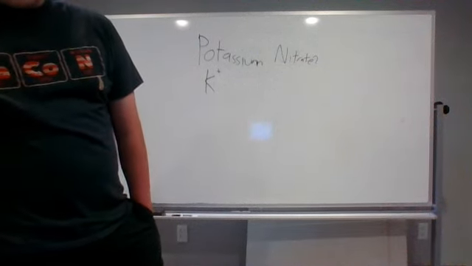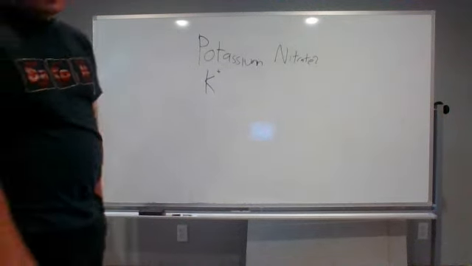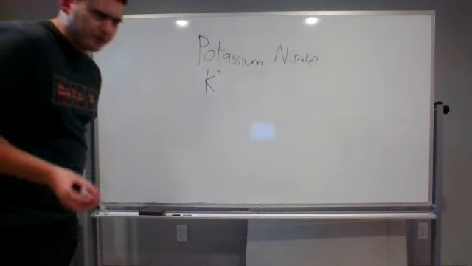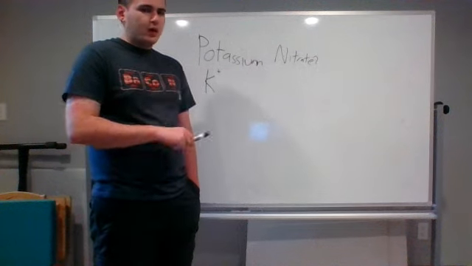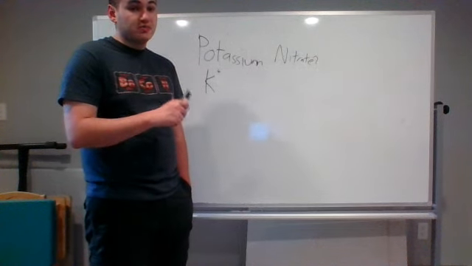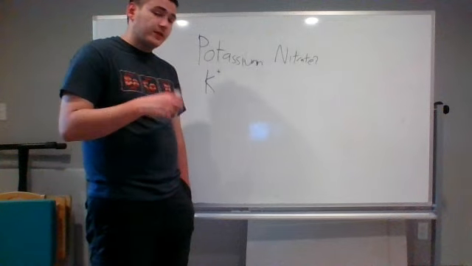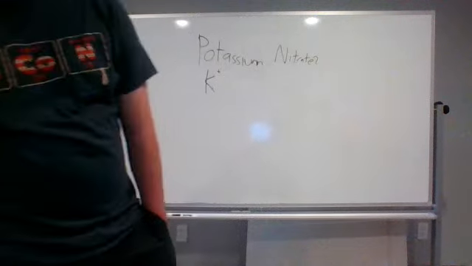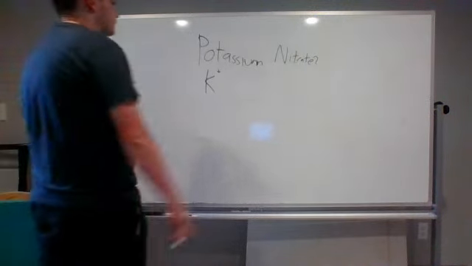Polyatomics are a bit of a pain because there's a lot of them, but for the most part they follow a basic rule. It's going to be a non-metal. It could be nitrogen, fluorine, one of your halogens.